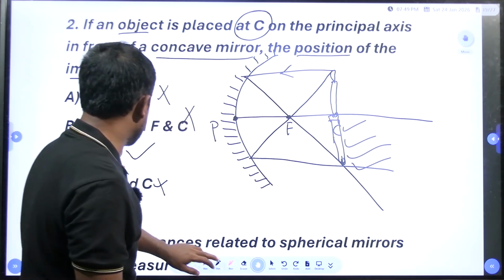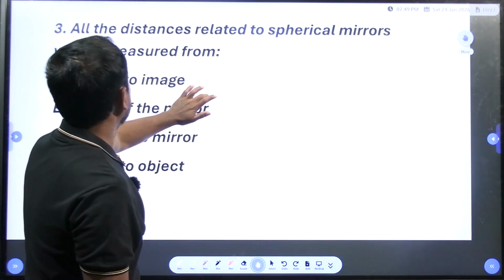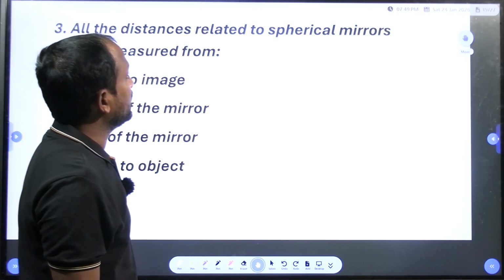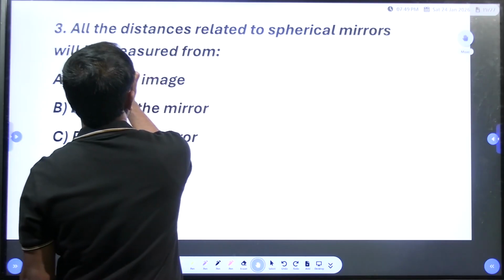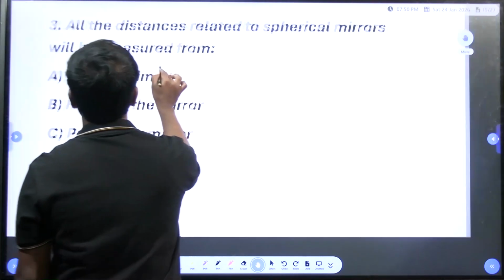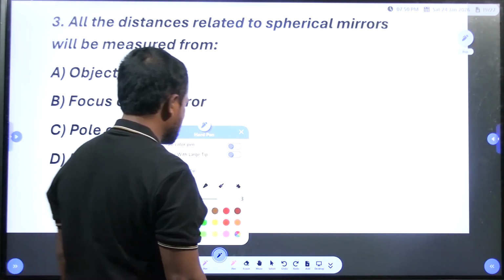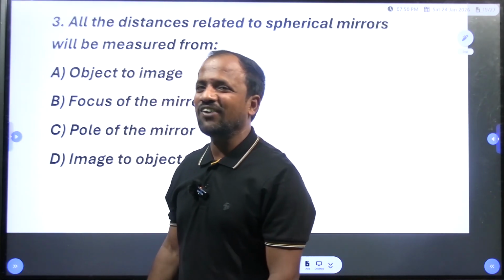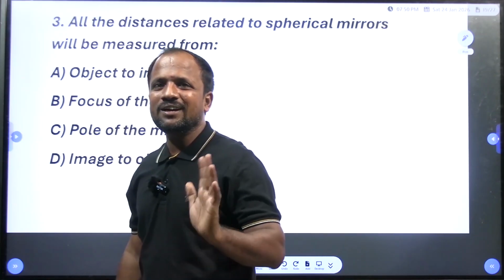Now if you observe the third question: all the distances related to a spherical mirror should be measured from... Okay, any spherical mirror, all distances.